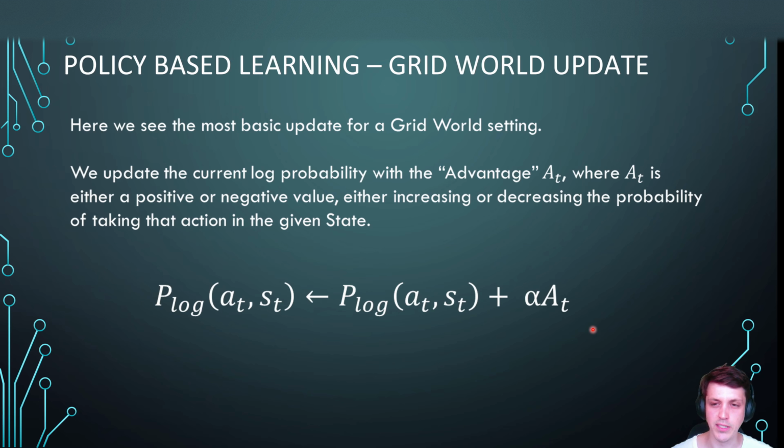So if the advantage is positive, that means we've done something good, and we'll increase the probability. If the advantage is negative, because we've done something bad, we'll decrease the probability. So we increase or decrease the probability based on whether we've done something good or bad. And it's as simple as that.